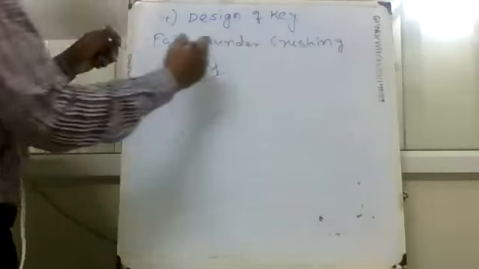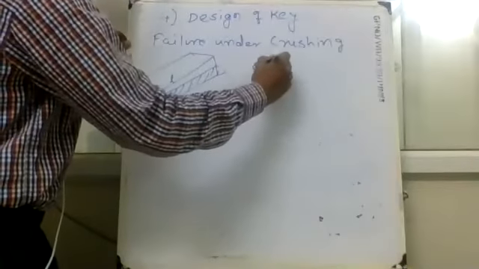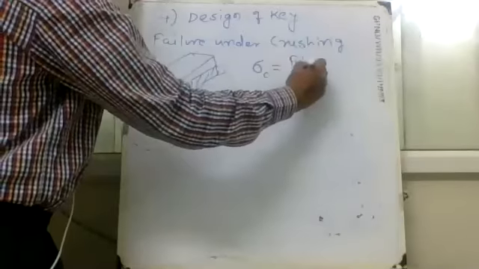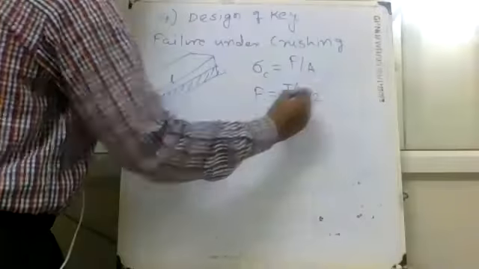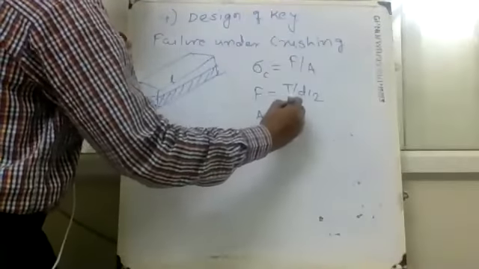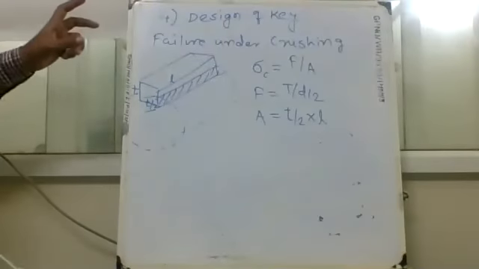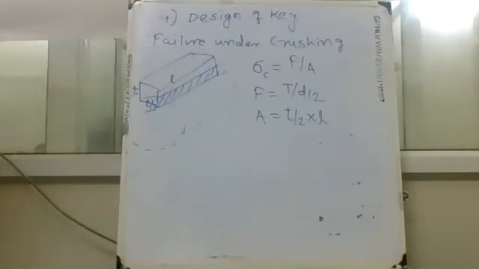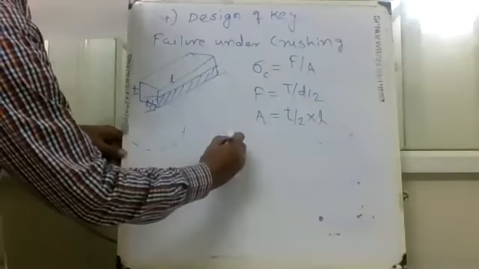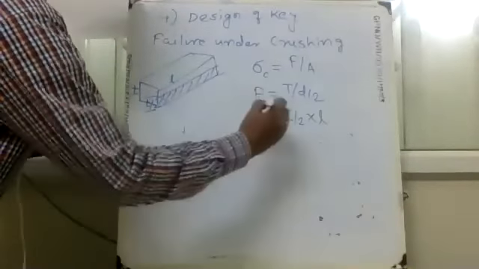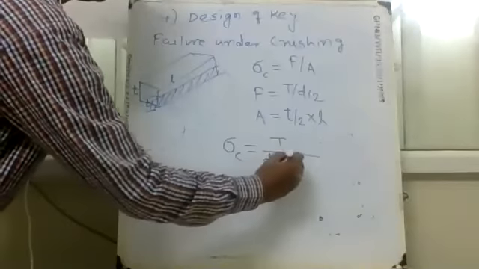So when we think about the crushing failure of the key, crushing stress equals to force divided by area. Again the force is equal to torque divided by d by 2, and area under the crushing is T by 2 into L. So here the crushing failure that we can find from this. So just put here the crushing stress is equal to, instead of F I will put T divided by d by 2.